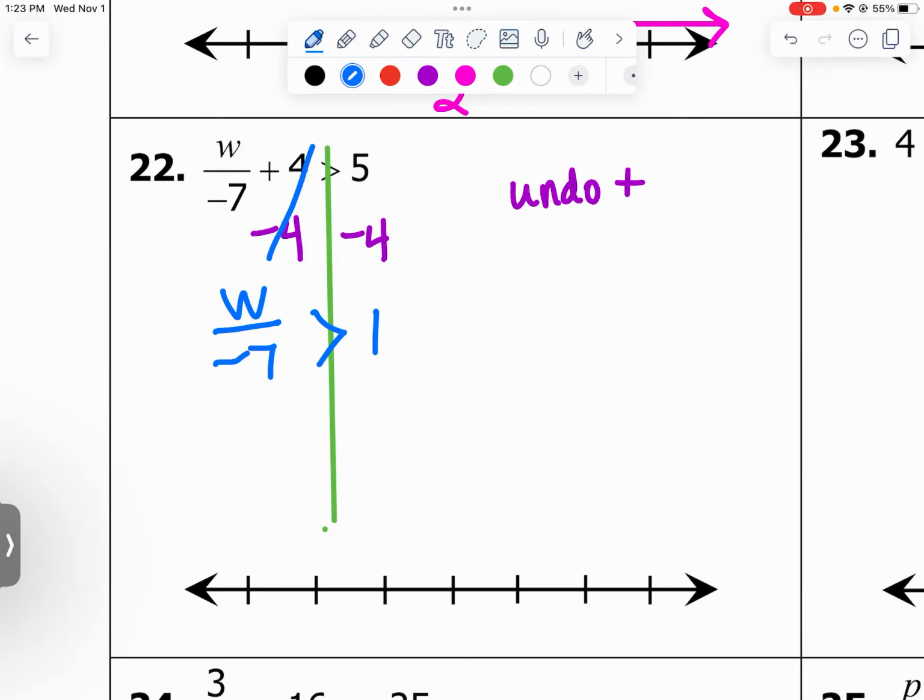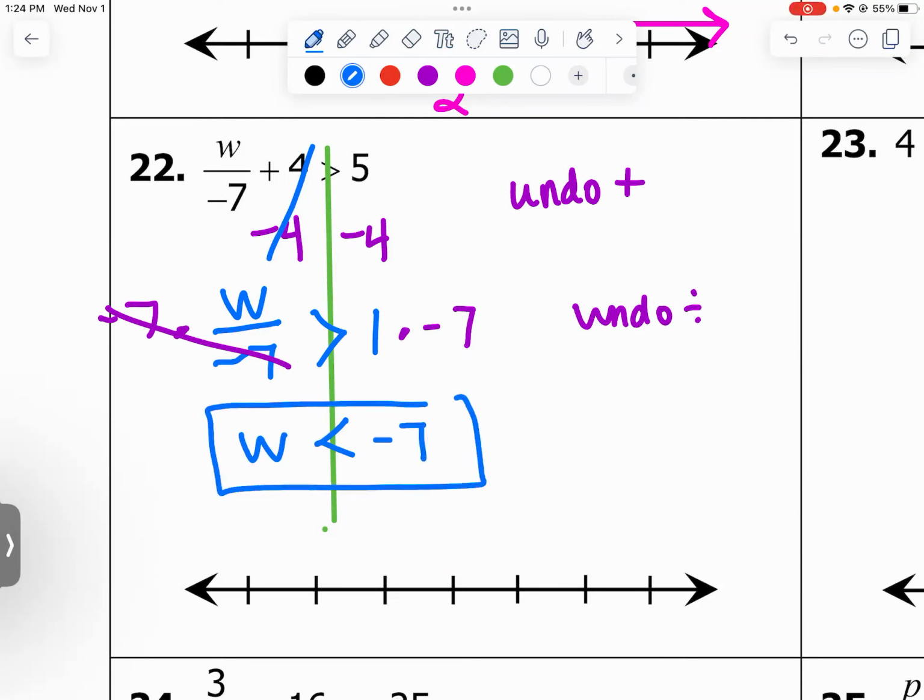What do we need to do first? And what are we multiplying by? We are multiplying by -7. And when we do that, the sign needs to flip because we multiplied by a negative number. Everybody make sure that they flip the sign to get W is less than -7.